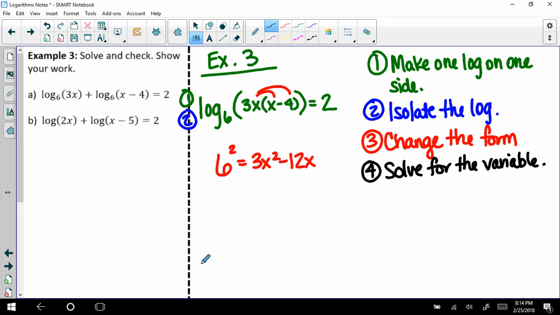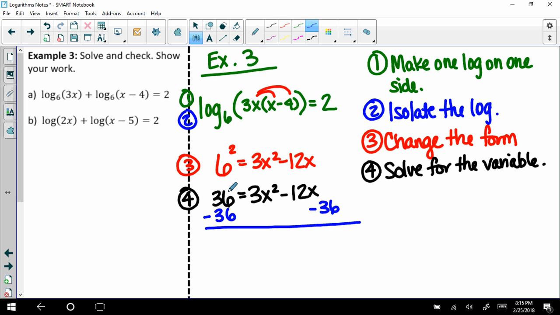Okay, so let's go ahead and do that. Let's put this in step 3. We're on step 4. So this is 36 equals 3x squared minus 12x. So remember from Algebra 1 and also Algebra 2a, if you have an x squared, then we need to get a 0 on this side. So then I'm going to subtract 36 so that I get 0 equals 3x squared minus 12x minus 36.